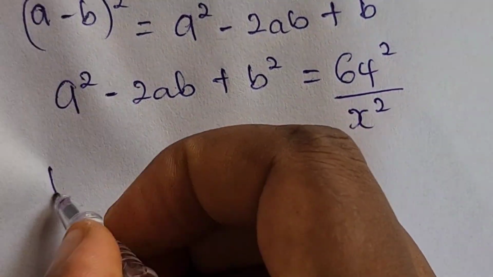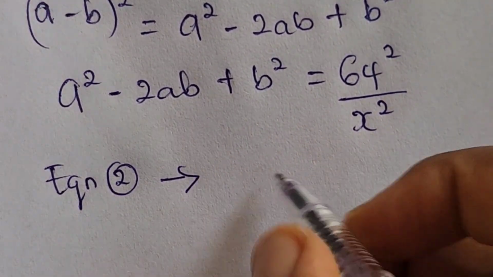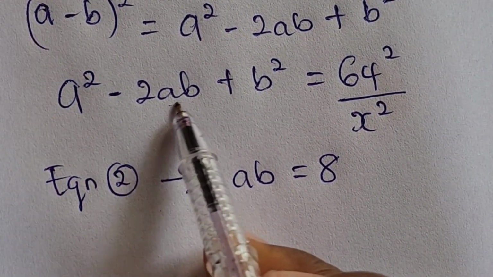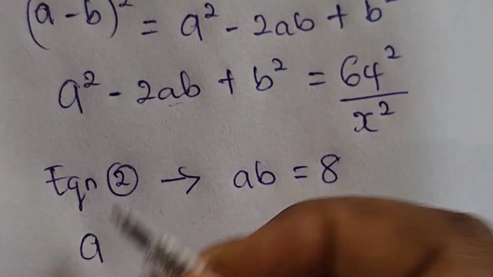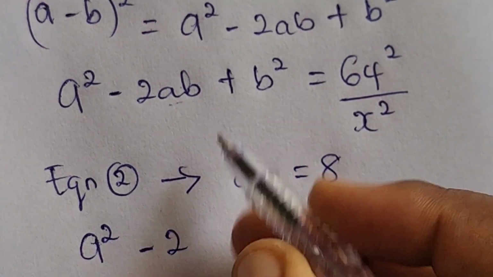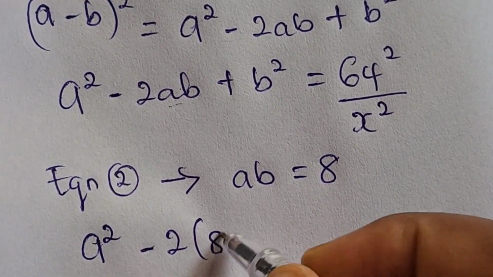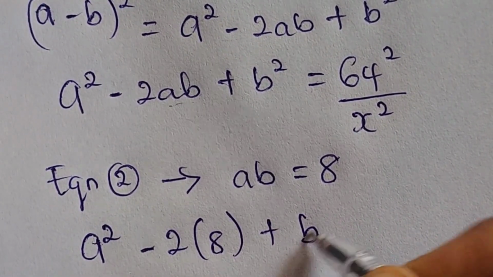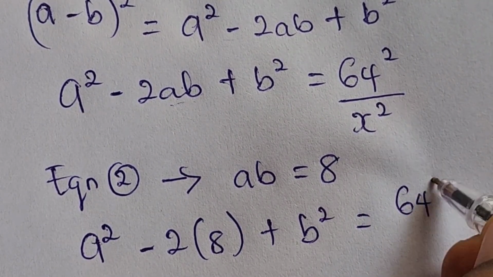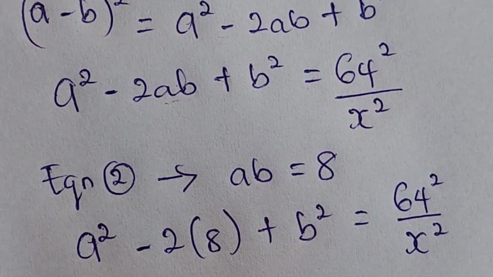But let's recall our equation 2. We have ab equal to 8. So we have ab here. We now have a squared minus 2 times 8 plus b squared equal to 64 to the power of 2 all over x squared.